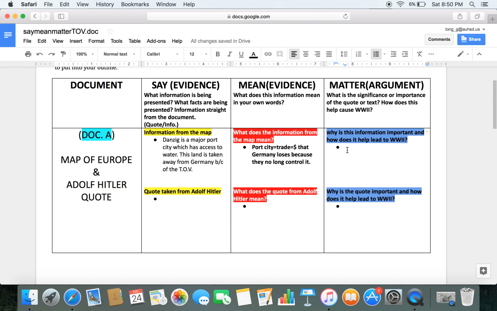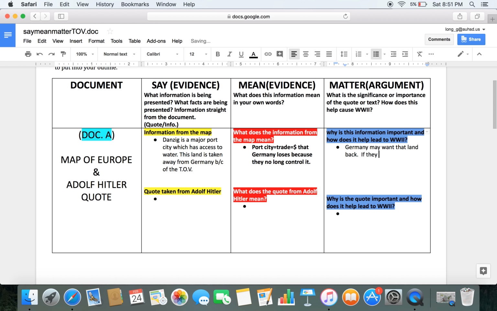So now here is the most important part, the matter, the argument. How are you going to tie this information to how World War II begins or the cause of World War II? Okay, so this box is probably where the most information occurs. So Germany may want that land back.